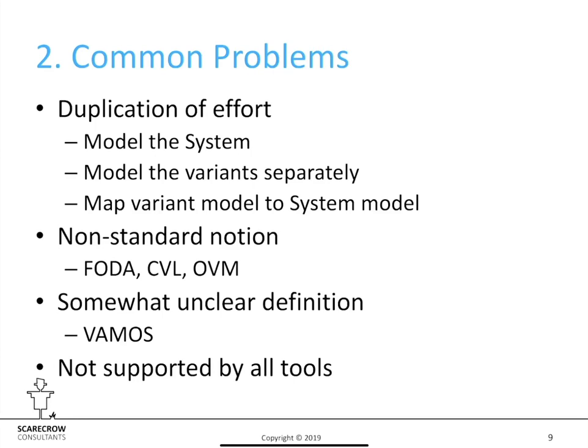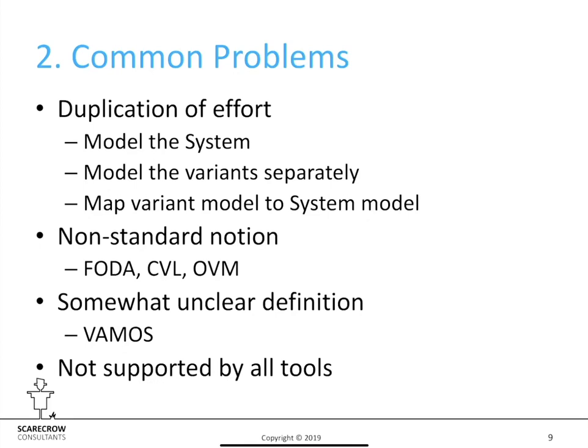So there's a whole other notation that people have got to grapple with, rather than using standard SysML notation. And then the third problem is they're not all that clear in their definition. And by we I mean Scarecrow, we had a good look at Tim's Vamos. It's published as an ebook, and we struggled to understand some parts of it and how it was meant to work.